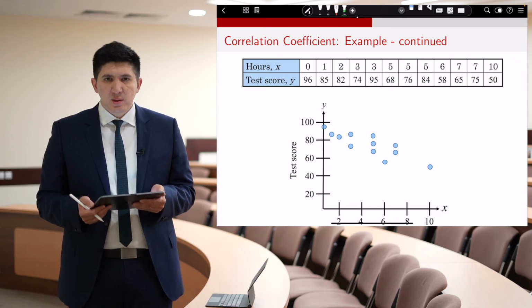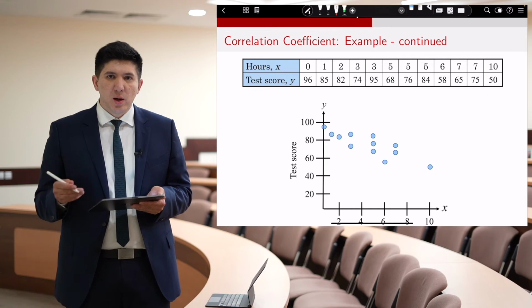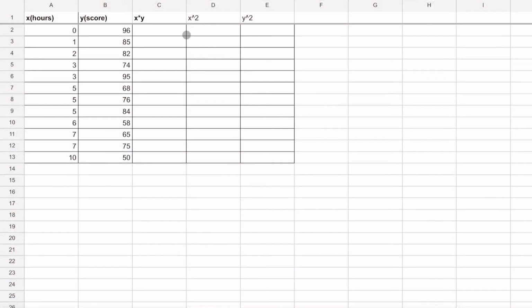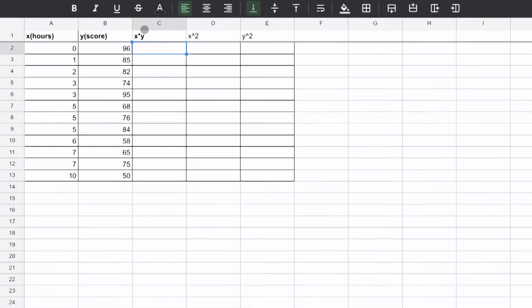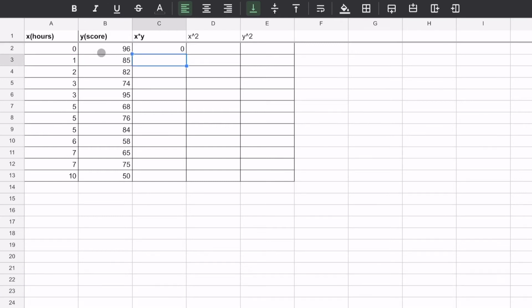Now let's do this in Google Sheets. I'm going to copy all of this data into Google Sheets and try to calculate the correlation coefficient. Here is my data for x and y. If you remember, in the correlation coefficient formula, I need x multiplied by y. So here I'm just going to type equal, this cell from x times the cell from y.